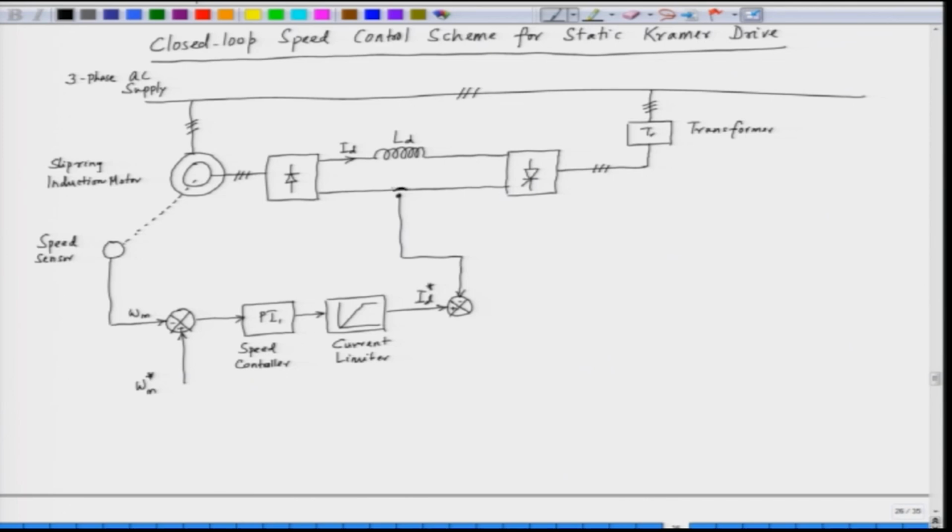We have a current sensor here, by means of which we can sense the actual DC current, and this is fed to a PI controller.